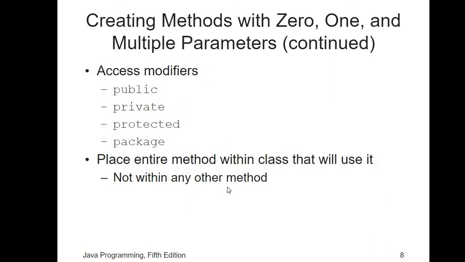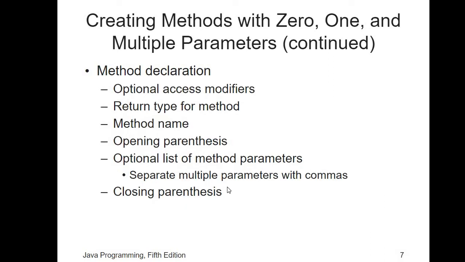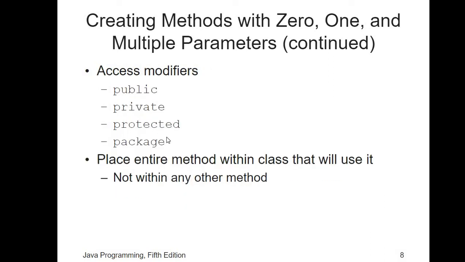So, for the optional access modifier, meron tayong 4. We have actually 4 access modifiers. First one is your public. Next one is your private. Next one, protected, and package. Okay? So, this is your access modifier, this 4. Then, place entire method within class that will use it.